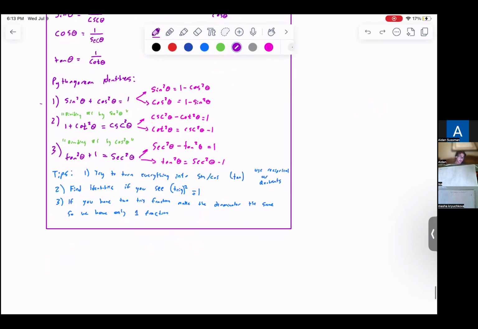If you can't do that, step number 3 is if we have 2 fractions, let's say we have a tangent of x over secant squared, and we're adding that to 1 over secant squared, we want to combine these into one fraction.